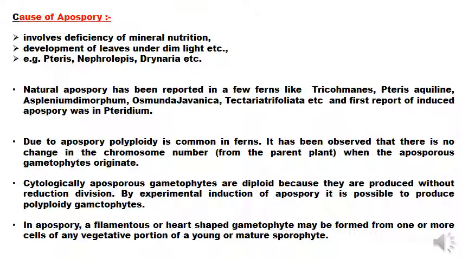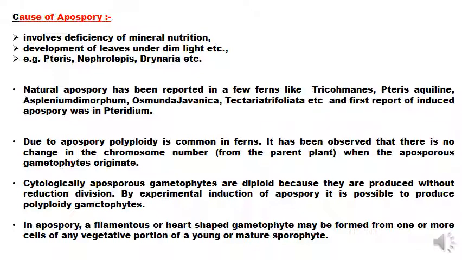Similarly, we had studied Apogamy. Similarly, Apospory also leads to ploidy or polyploidy nature in plants. Already I have explained what is polyploidy. Generally, all the plants can either be haploid or diploid, but in these cases, the polyploid condition happens where we had seen that the gametophyte, which should be haploid, is diploid in nature.